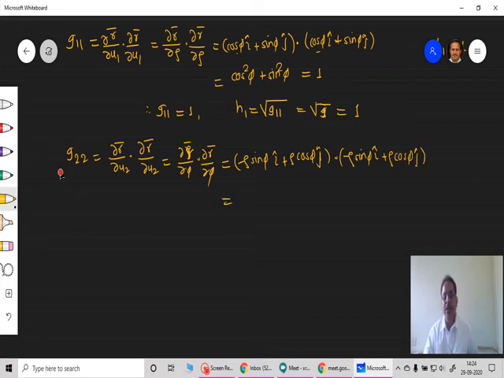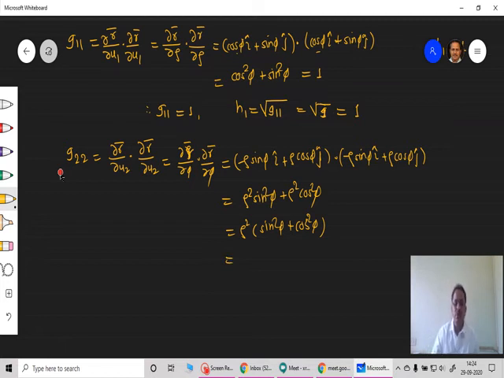Taking this product, again minus minus becomes plus, so rho square into sin square phi plus rho square into cos square phi, therefore rho square into sin square phi plus cos square phi. And as I know from trigonometry, sin square phi plus cos square phi is 1, and therefore I get G22 is equal to simply rho square.